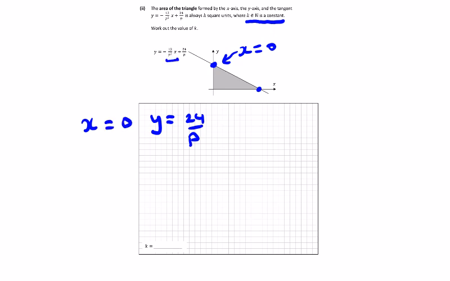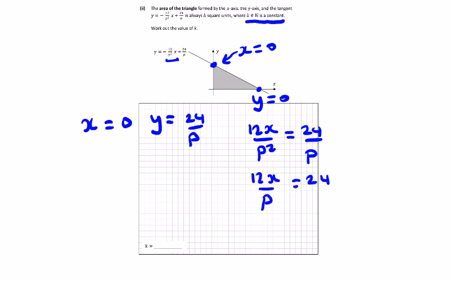This one is 0. And then if y is equal to 0 here, we will get 12x over p squared, bringing it to the left, will be equal to 24 over p. So if I multiply both sides by p, I'm going to get 12x over p is equal to 24. So 12x is equal to 24p. So x will be equal to 24 over 12, 2p.